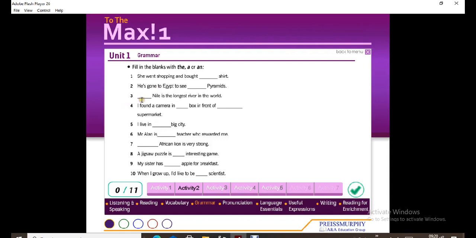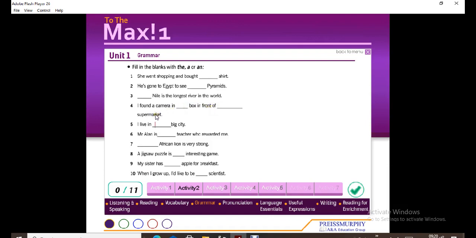Okay, this is number 3, which is Nile is the longest river in the world. So this is the Nile. It is known for everyone. The Nile is the longest river in the world. Number 4. I found a camera, mentioned for the first time, in a box, mentioned for the first time, in front of the supermarket.